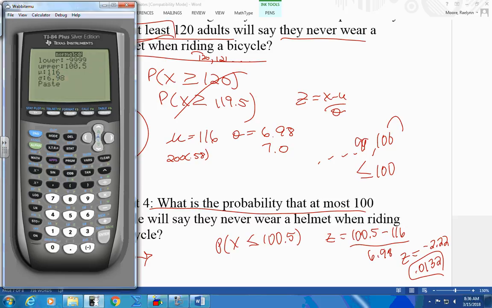This is why I need to know what you put in, because if you put in 7, you get a little bit of a different answer. You're in the ballpark, and that's usually what I look for, but you've got to be closer. If I round this, I pretty much get the same answer. If you use 7, it's just a little bit varied, and that's fine. 7.0 is fine too. Just make sure I see what you put in.